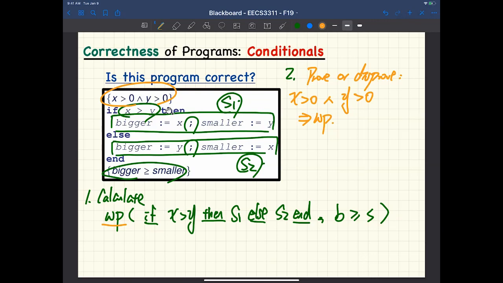I would say it's equal to, according to the WP rule for conditionals, that will give me 2 WPs combined with conjunction. x larger than y, conjoined with the other case. Let me just make myself a little more space.